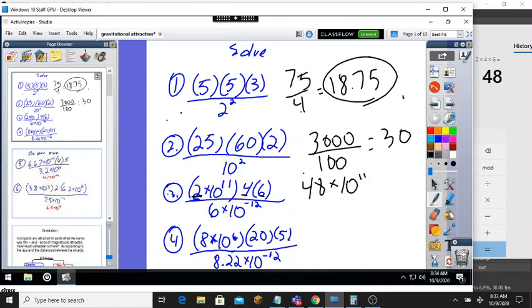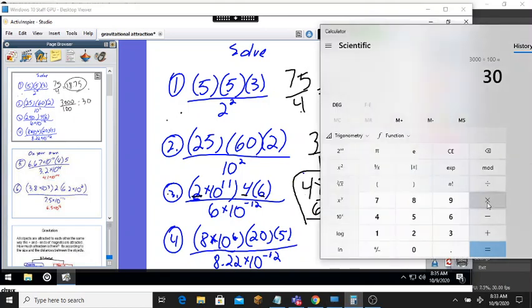And I'm just going to bring that over. And here we have 6 times 10 to the negative 12. So let's just divide these two numbers here: 48 divided by 6. And that gives me 8.